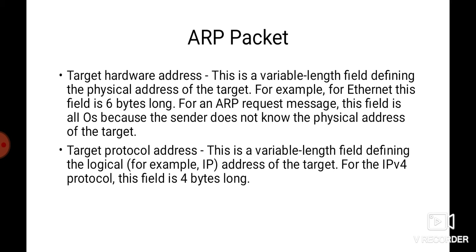This is a variable length field defining the physical address of the target. For example, for Ethernet, this field is 6 bytes long, and for an ARP request message, the field is all zeros because the sender does not know the physical address. Next we have target protocol address. This is also a variable length field defining the logical address of the target. For the IPv4 protocol, this field is 4 bytes long.